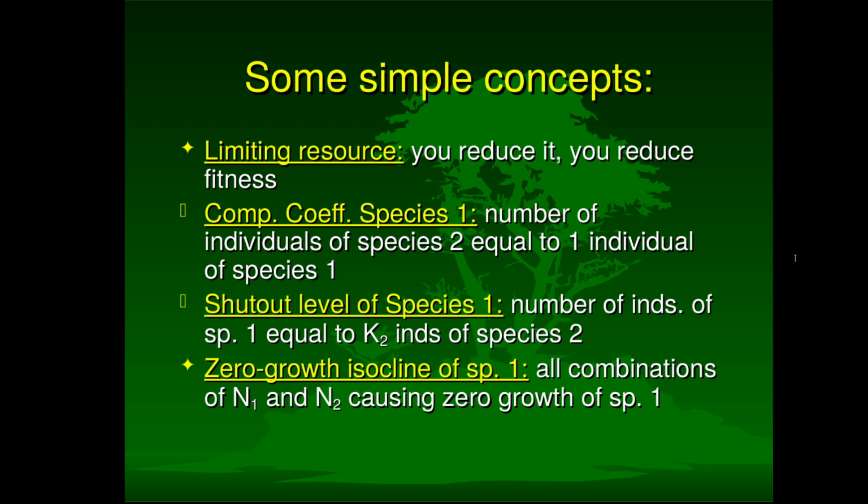The shutout level of species 1 is the number of individuals of species 1 equal to K2 individuals of species 2. And the zero growth isocline of the first species is all combinations of the numbers of the two species in the populations that cause zero growth of species 1.